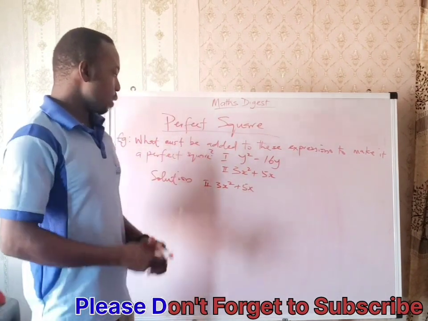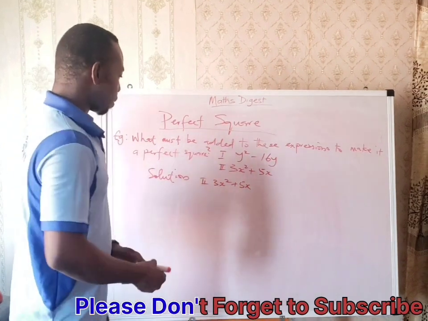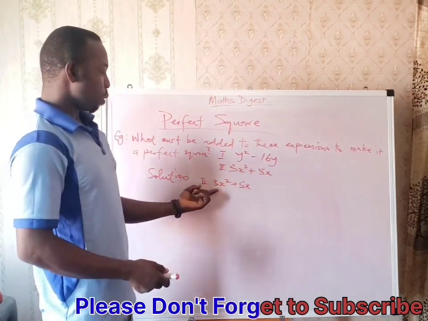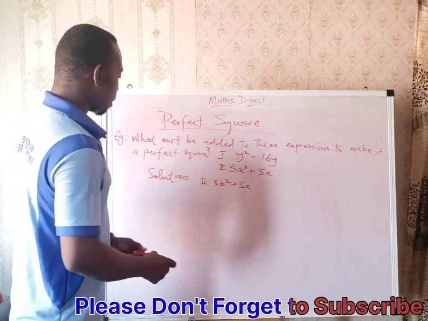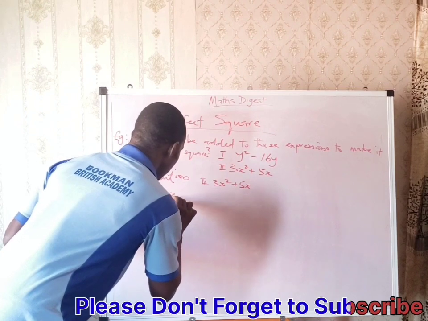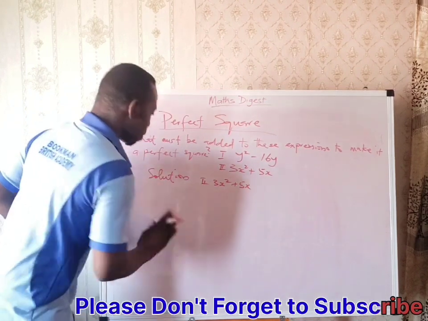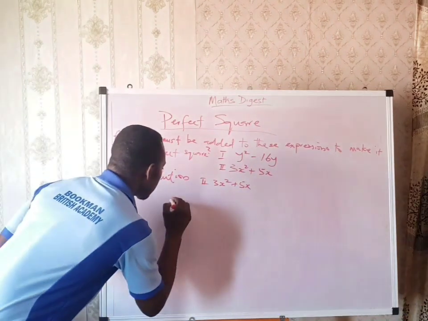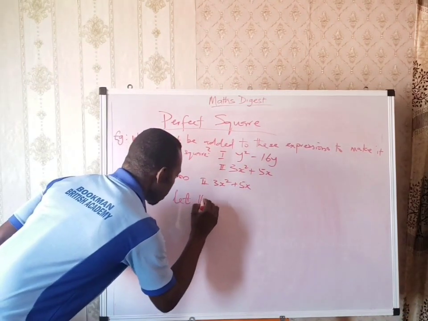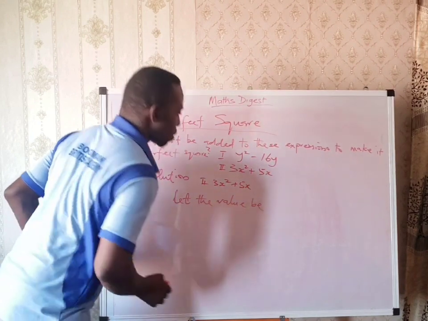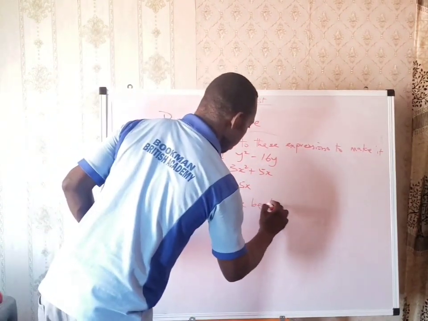Just like we did in the first example, but looking at this one now, we have x squared having a coefficient of 3. First of all, we want to find what we make it a perfect square. We say let the value be, let's still use t squared again.